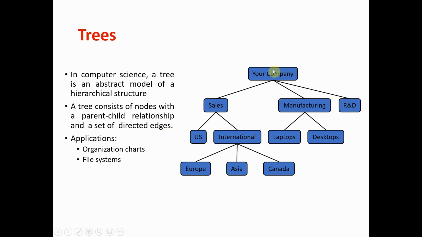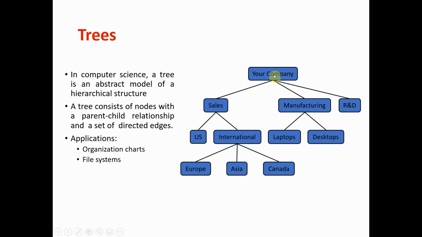These blue rectangles that we have here in this tree are considered nodes of the tree that contain the key element value that we want to store. And they get connected to each other through edges that are directed.